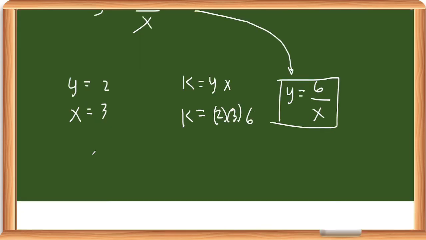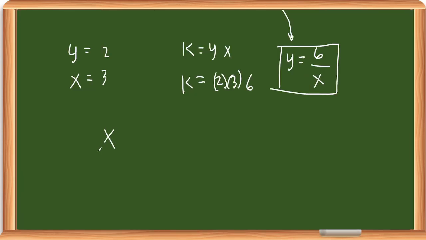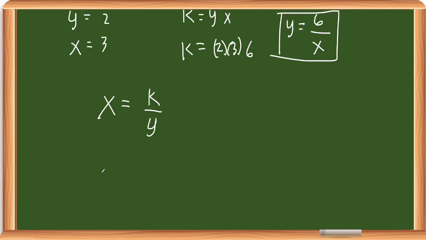Pag sinabi naman nating x varies inversely as y, so we have x is equal to k over y. Okay? Ang given, for example, that y is 1/2 and x is 4 over 5. So, same thing.